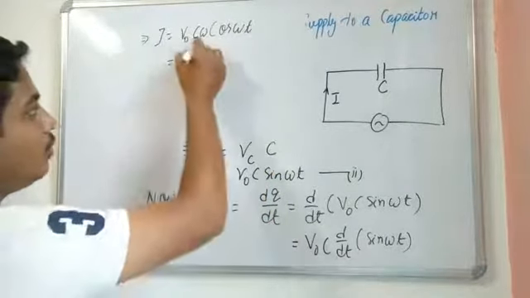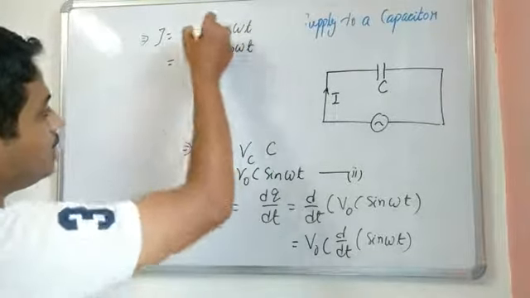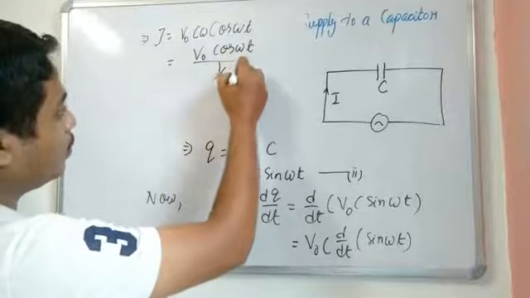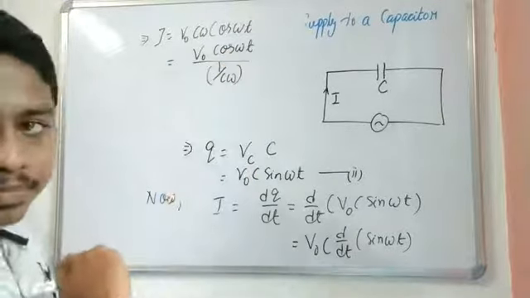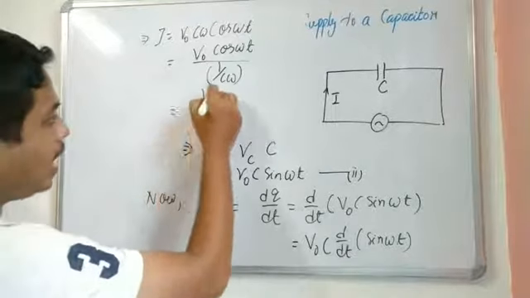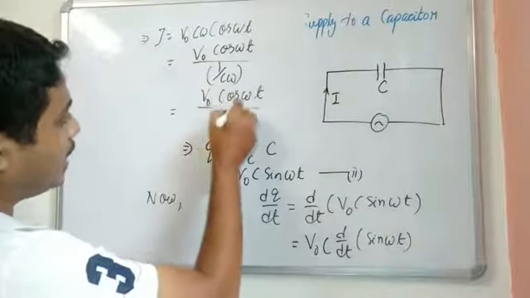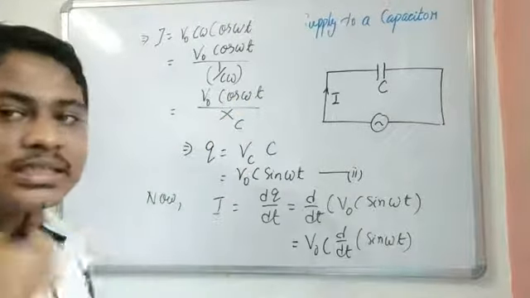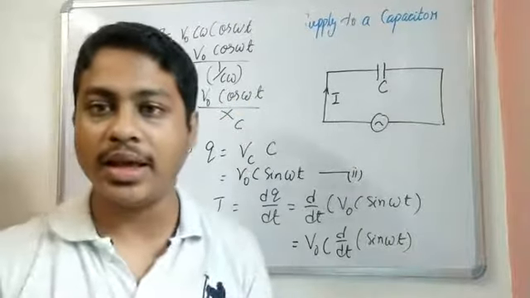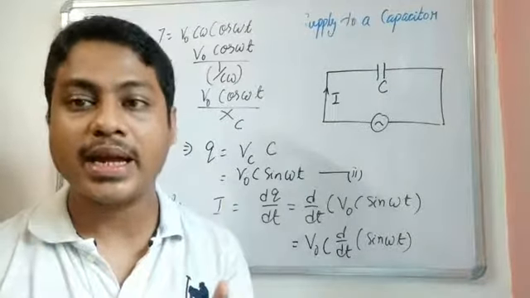Then V naught cos omega t, what I will be doing is this C omega I will put down as 1 by C omega. Now this 1 by C omega, I can write as XC. Now what is XC? XC is the capacitive reactance.